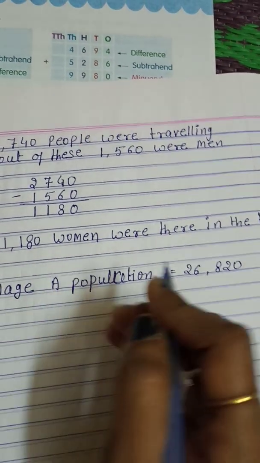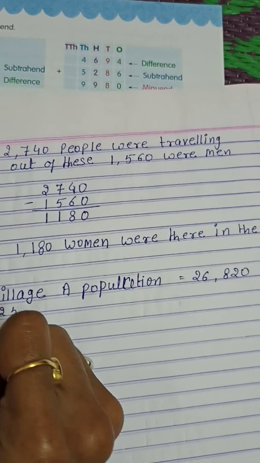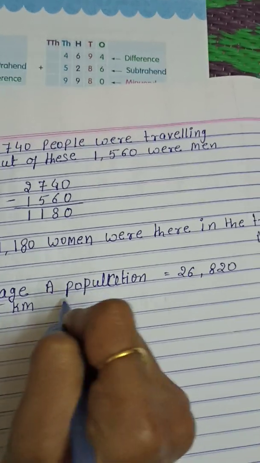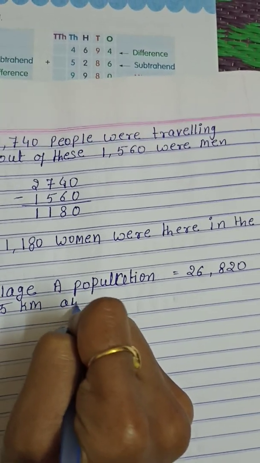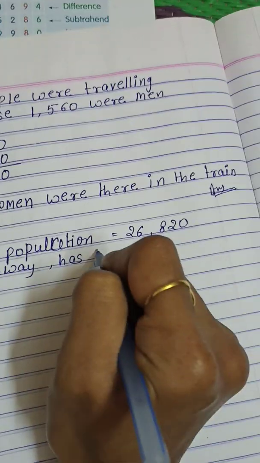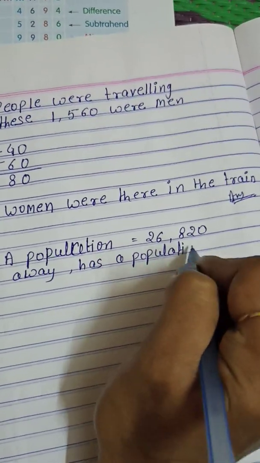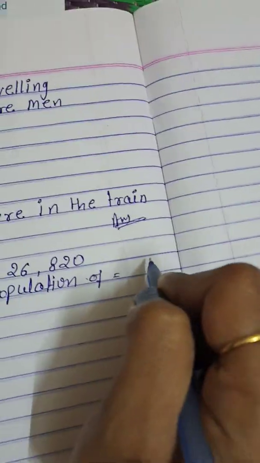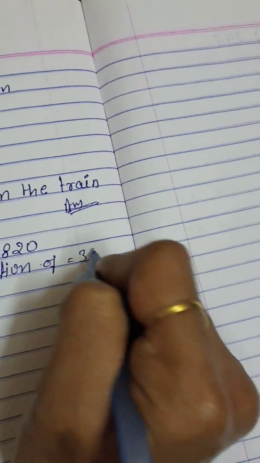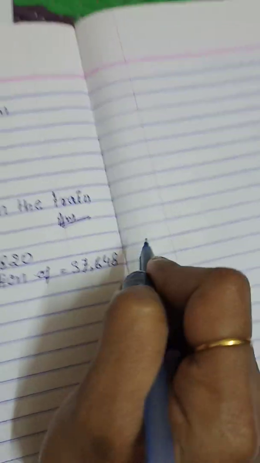After that, 125 kilometer away has a population of how many? 37,648.